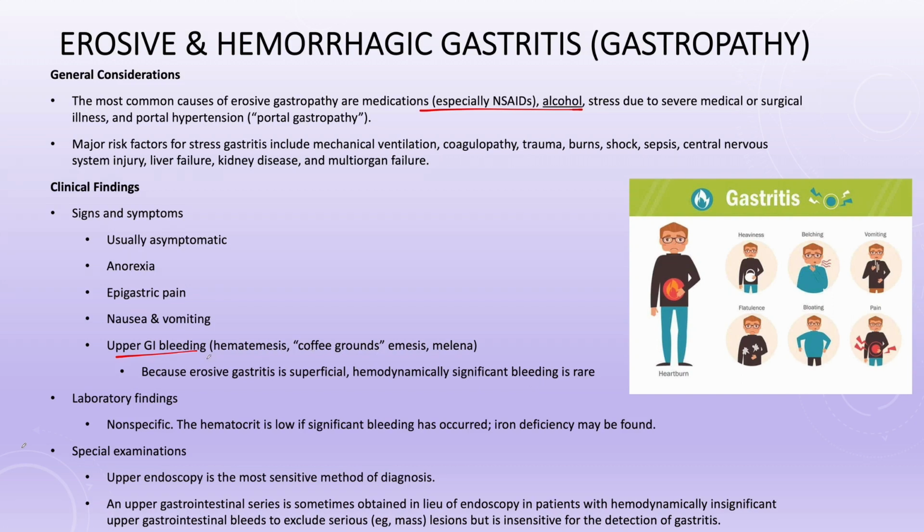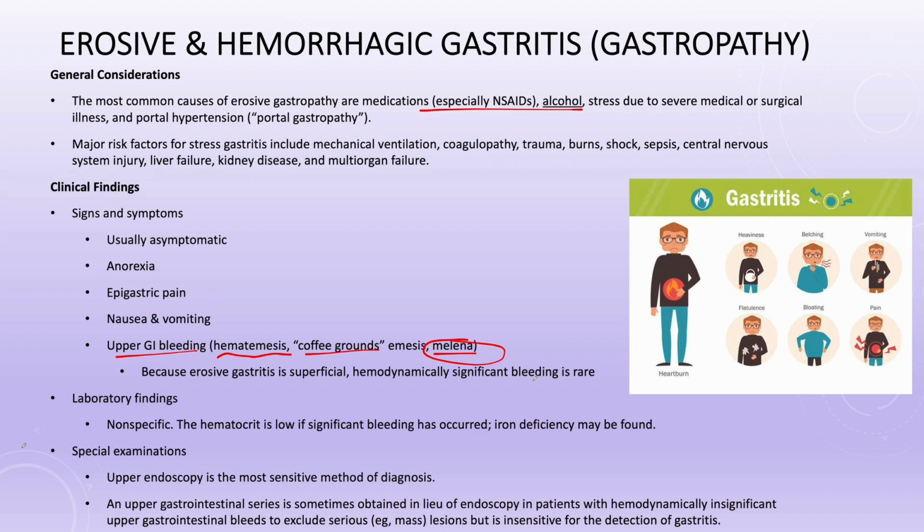And remember that upper GI bleeding is usually seen as either bright red blood, coffee grounds, or melena, so dark tarry stools. The thing about it is you have to ask specifically about melena because patients don't always realize that black stool is not normal. So you should definitely ask your patients about that.